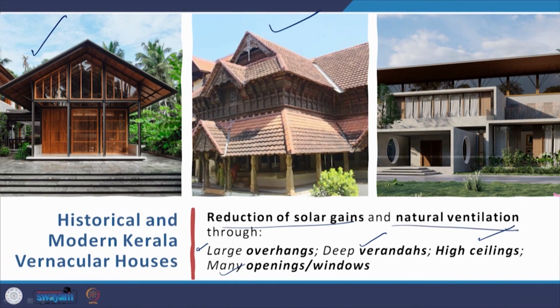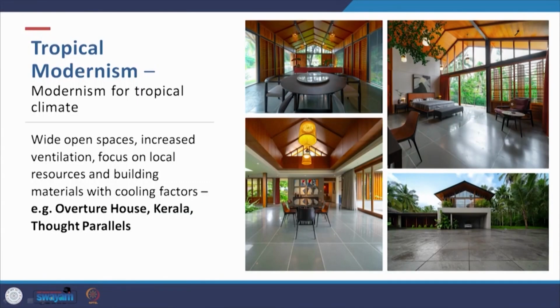The same principles were there in the historical Kerala house and the same principles are there in the modern day vernacular Kerala houses. So this is the modernism for a tropical climate with wide open spaces, increased ventilation, focus on local resources and building materials with cooling factors, like this example of the Overture house in Kerala by Thought Parallels.